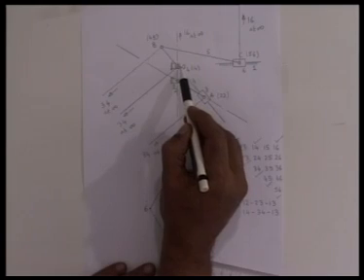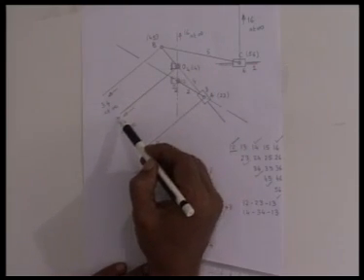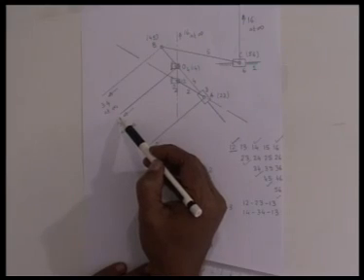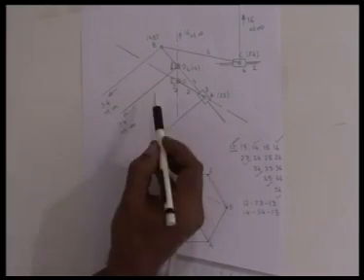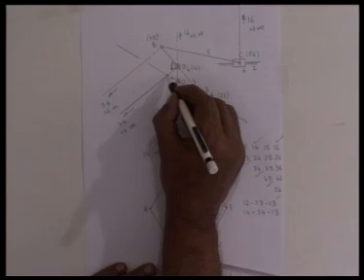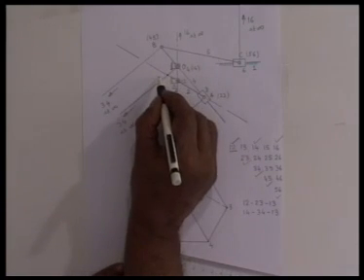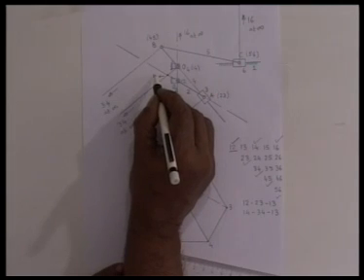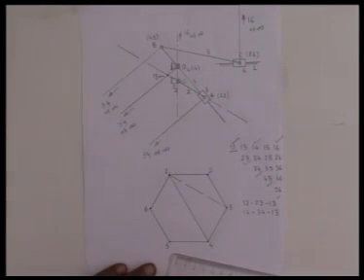We have already determined 1, 4 here, and 3, 4 is on this line at infinity. So, 1, 3 must be on this line as well, and 1, 3 must be on this line as well. So, the point of intersection of these 2 lines gives me the location of relative IC 1, 3.